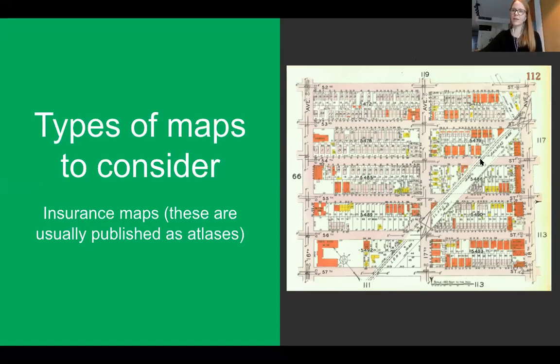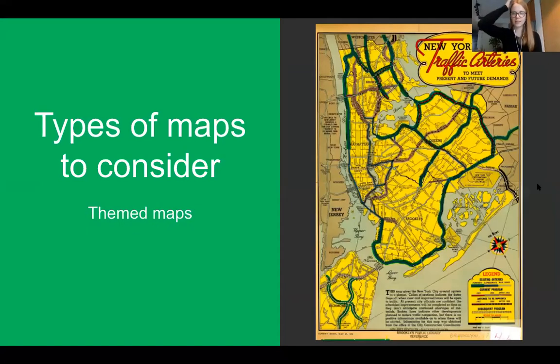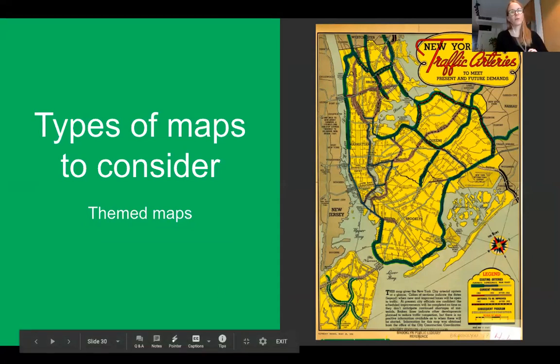And then the next type of map that I have here, the last main example I'm going to highlight today, is really a kind of themed map. And like Maggie was showing us when we started navigating the maps portal, we could navigate that portal by topic.